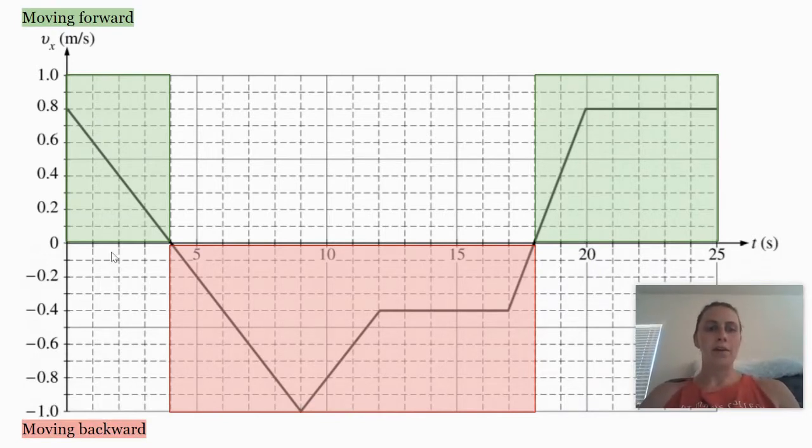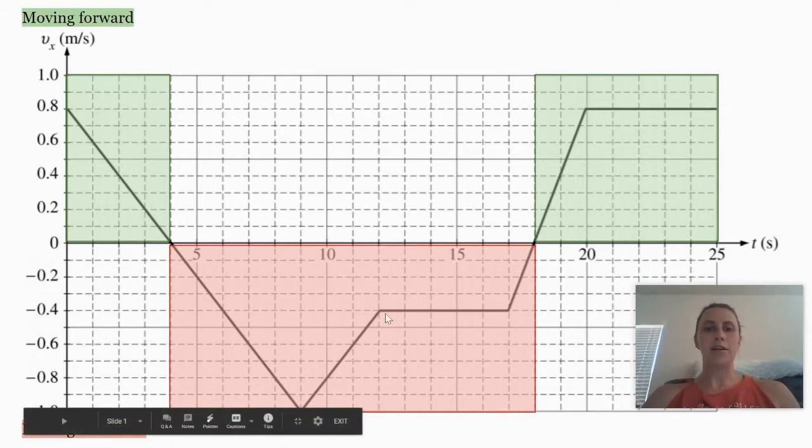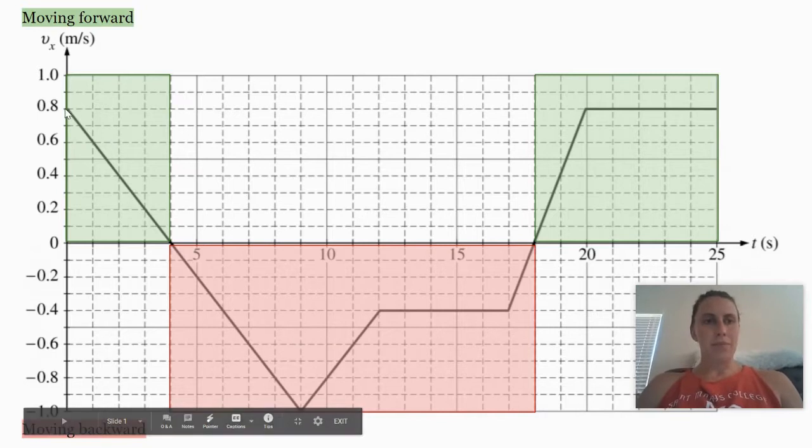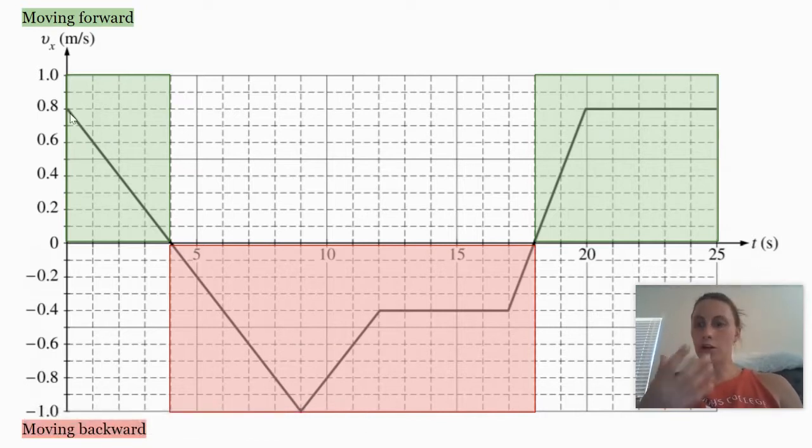And then everything below the x-axis down here in the red, this is when we're moving backward. So essentially, I want to talk through what this would look like, and I'm actually going to demonstrate it. So we start here, and we're going 0.8 meters per second, and we're moving forward. Our velocity is decreasing, but we're moving forward.